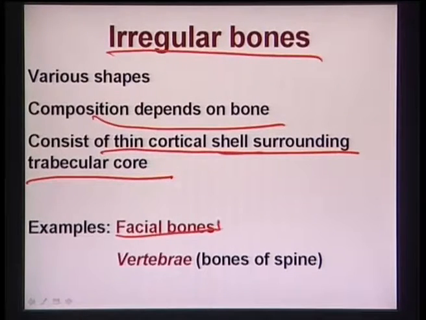And the examples are the facial bones and vertebrae, that is the bones of the spine, at your spinal cord or spine. These are examples of the irregular bones. Irregular means that it does not have any specific shape, like a long bone or flat bone, or a cuboidal shape, which is a short bone. So irregular bones do not have any specific geometrical shape.